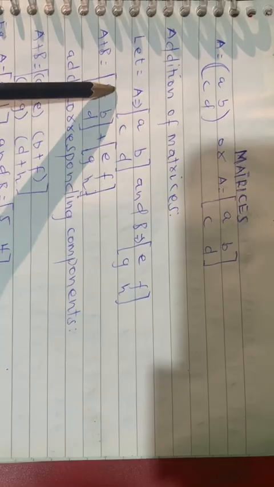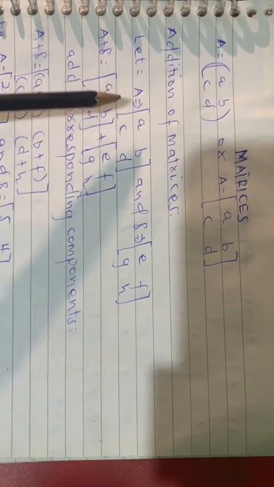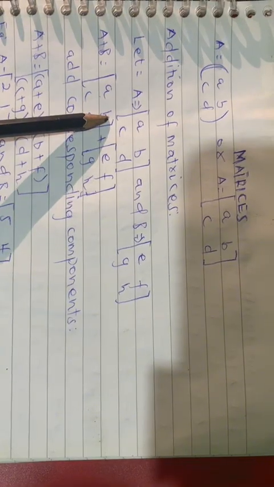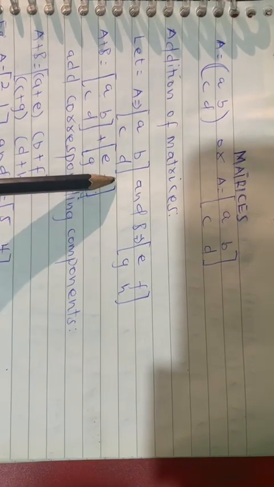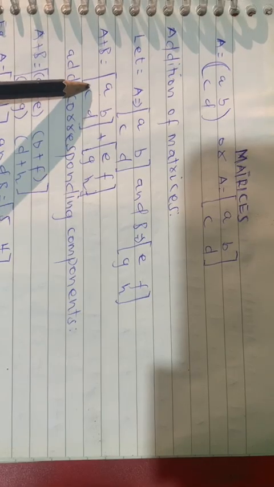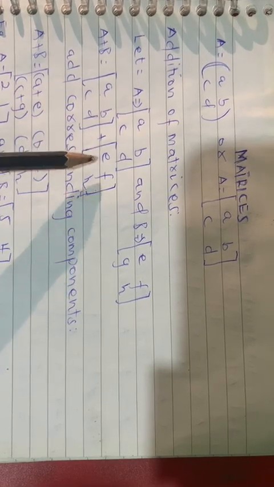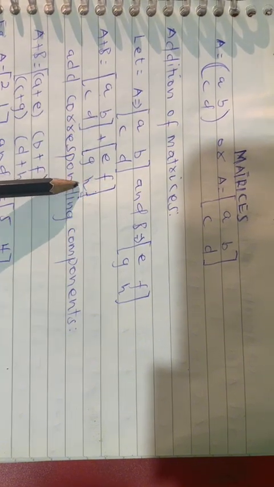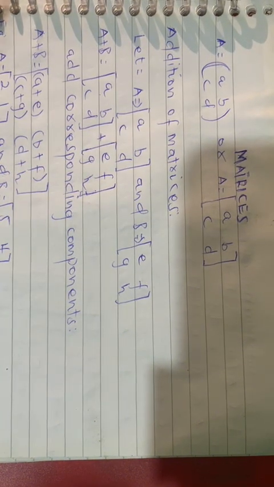So you add them. The first matrix's first row will add to this. The second matrix's first row will also add to this. Coming to the second row in the first matrix, this one adds to this, and this one adds to this. So looking at the positions, they correspond. We add corresponding elements in their corresponding positions.